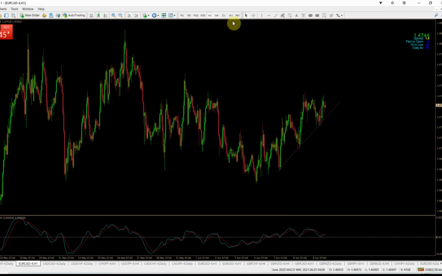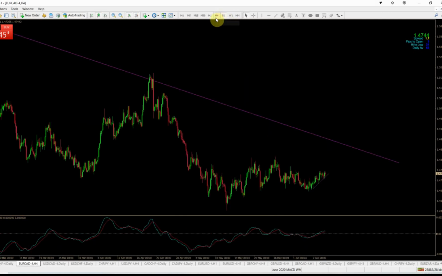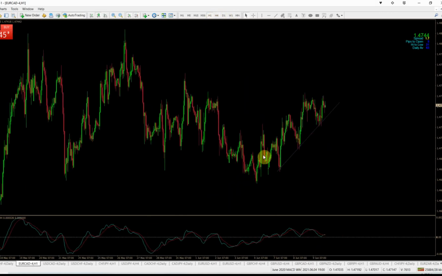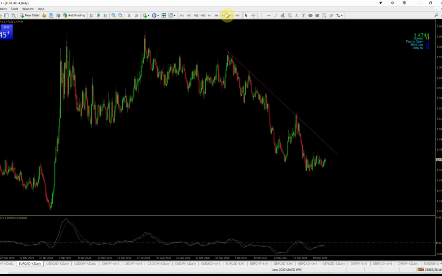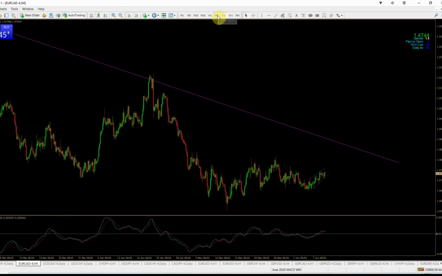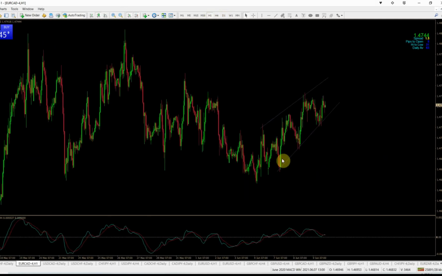EURCAD has been kind of range trading. But if you're looking for a trade, simply looking at most recent price action, these are potential opportunities to take long positions. I'm not going to really belabor this one too much, because on the daily chart there's really no trend at all right now. But if you're looking for short-term trading opportunities just by using trend line bounces, you can find these anywhere on pretty much any time frame.